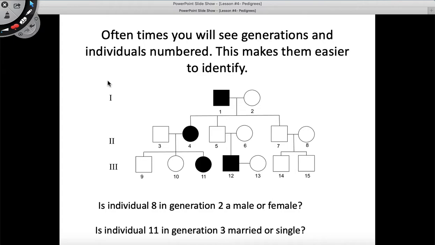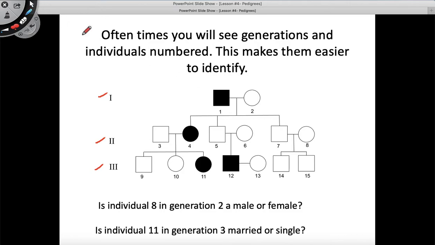Oftentimes, you will see generations and individuals numbered. This makes them easier to identify. So notice here that each generation is shown with a Roman numeral. Roman numeral 1, Roman numeral 2, Roman numeral 3. And then each individual here is numbered. So let's answer the questions. Is individual 8 in generation 2 a male or female?